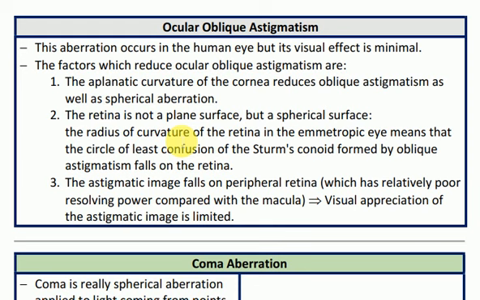In practice, the radius of curvature of the retina in the emmetropic eye means the circle of least confusion of the Sturm's conoid formed by oblique astigmatism falls on the retina. Finally, the astigmatic image falls on the peripheral retina, which has a relatively poor resolving power compared with the macula. Visual appreciation of the astigmatic image is therefore limited.